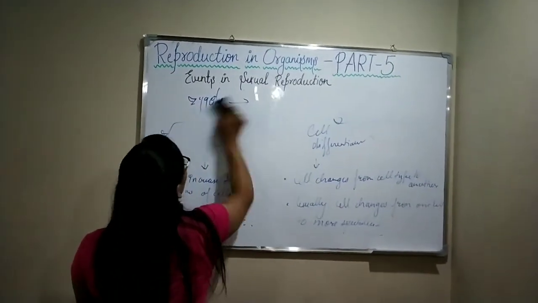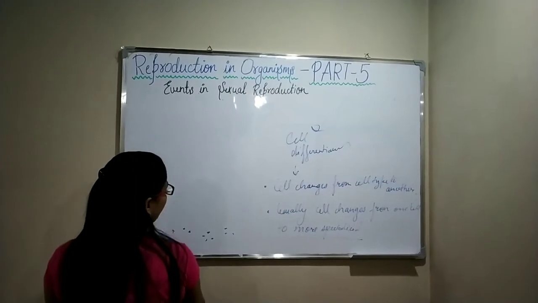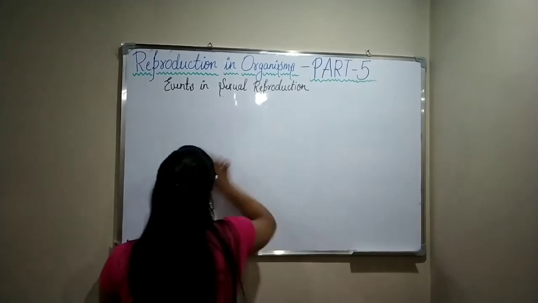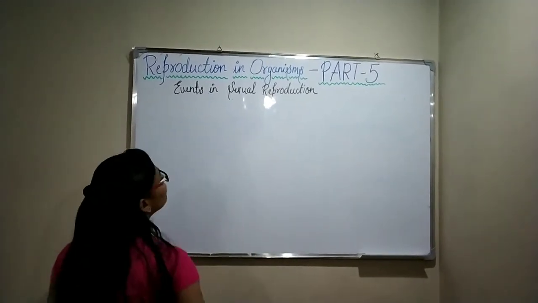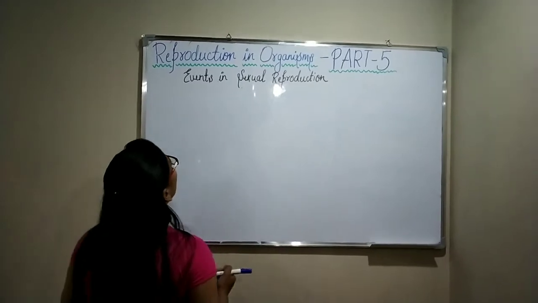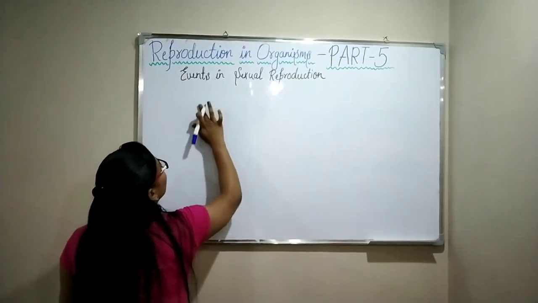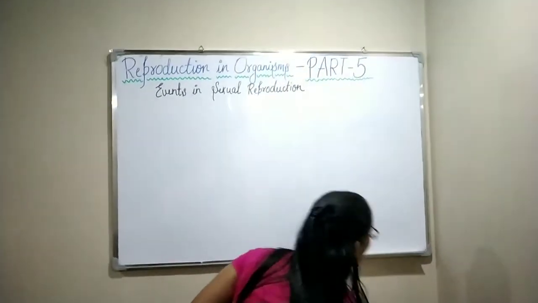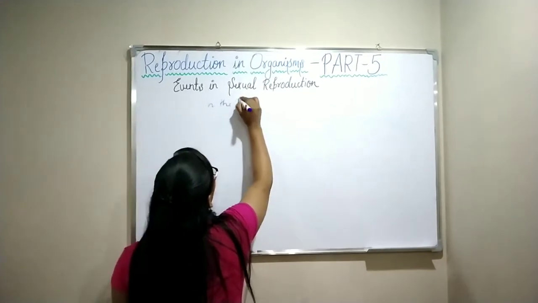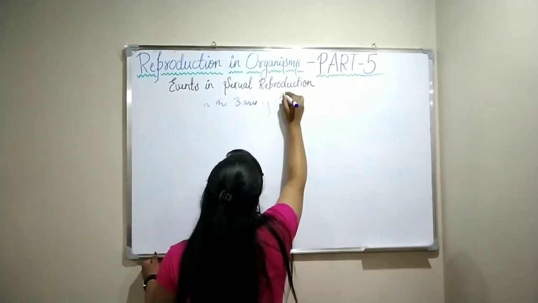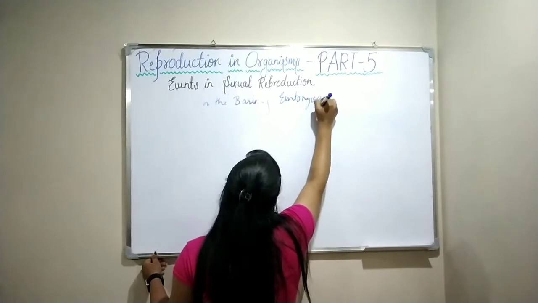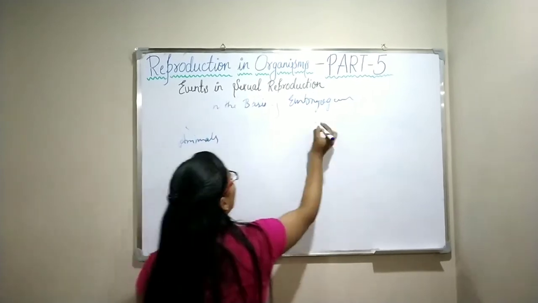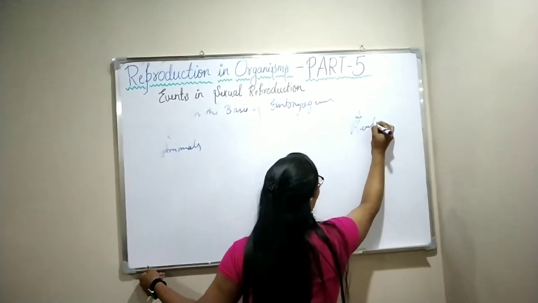After that comes embryogenesis on the basis of the life cycle of the embryo. It also depends on the basis of embryogenesis in animals and in plants.